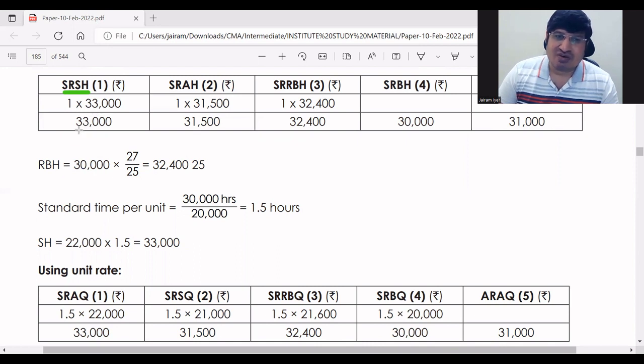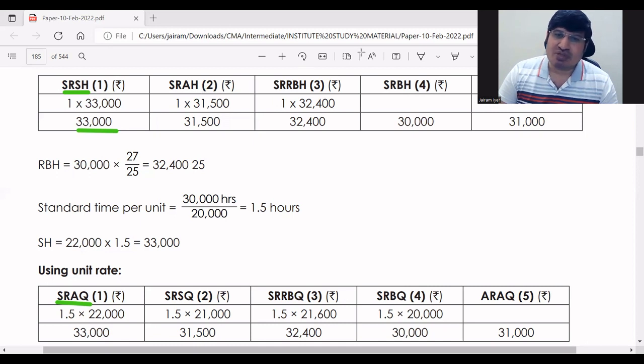So this is the standard price of actual quantity. In units, how will you calculate it? Think with logic. The standard rate is the same. If you give standard rate into actual quantity, then you will get the standard price of actual quantity, correct? That is why in the unit rate the same thing is SRAQ.